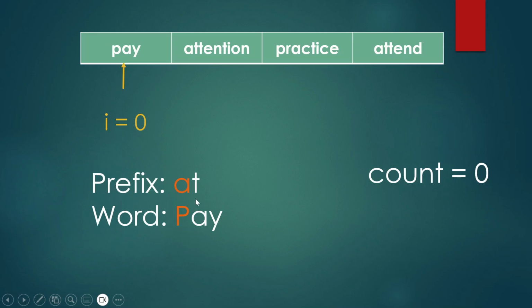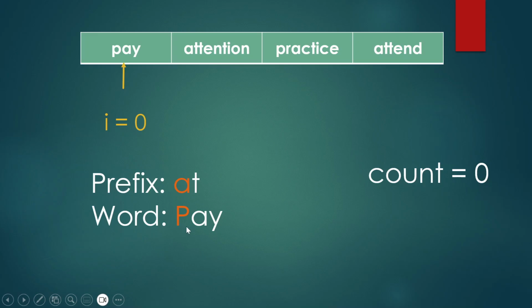Here we take another for loop for comparing. We have an inbuilt string function, like pair dot startsWith, and we just pass the prefix. We can use the inbuilt one, but I'm going to show how we can compare the prefix ourselves.